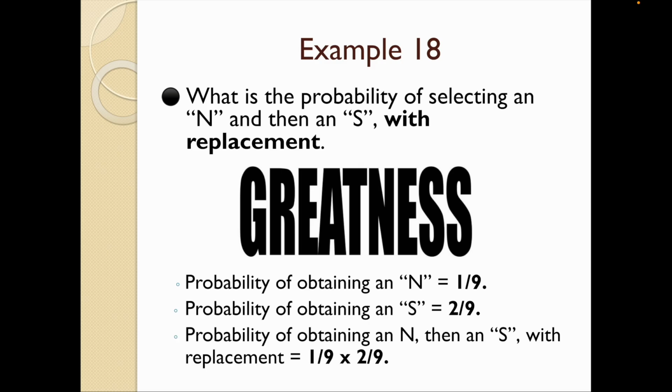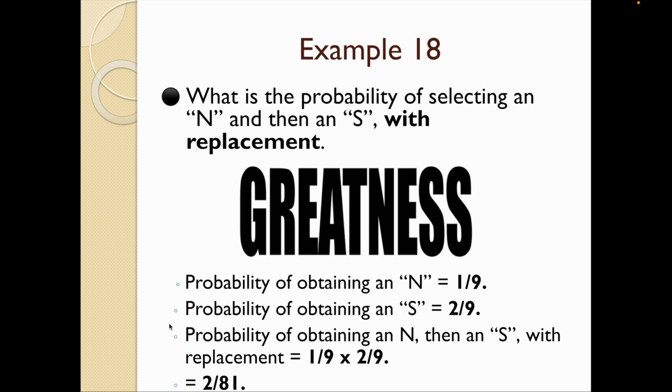When we were doing mutually exclusive, the keyword was OR. So you could either select this or that. In this case, it's saying we're selecting this and then this with replacement. When I multiply those together, I get 2 out of 81.